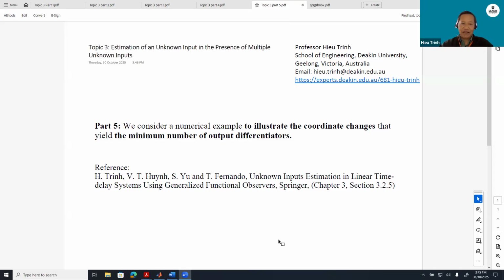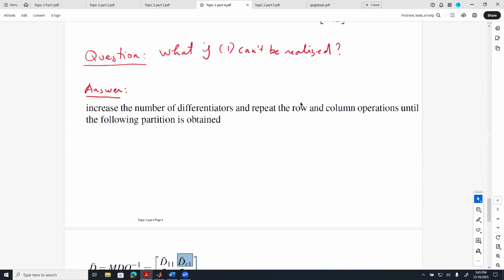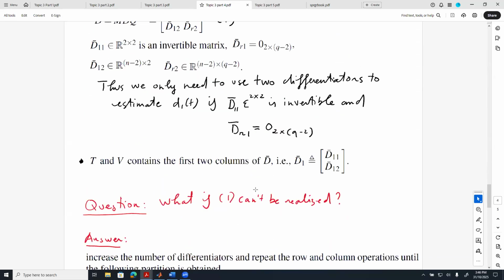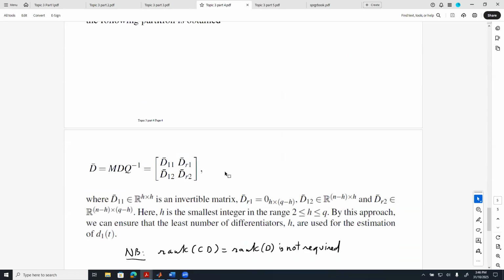If we recall from our previous discussion, we want to do some row and column operations of matrix D so that we can achieve a specific structure, where the new matrix D, we call D bar, after the transformation, the column and row swapping, is in this particular form where this submatrix is an invertible matrix and this submatrix is a zero matrix.